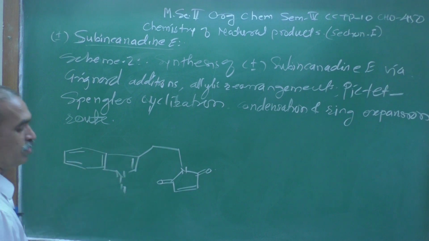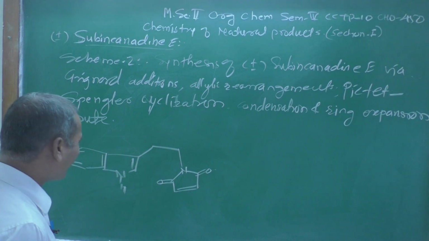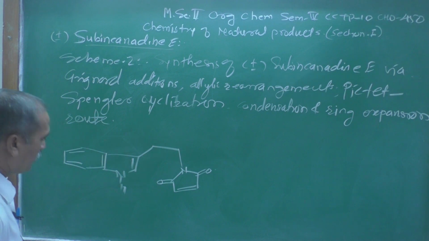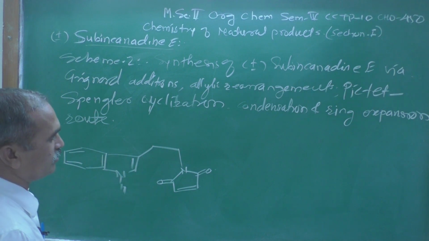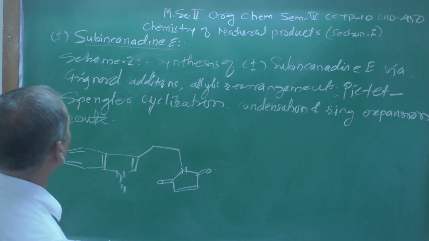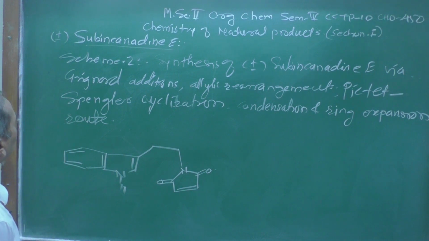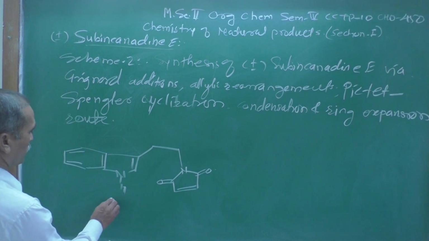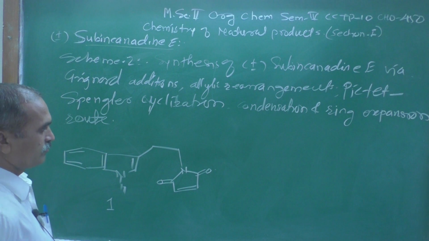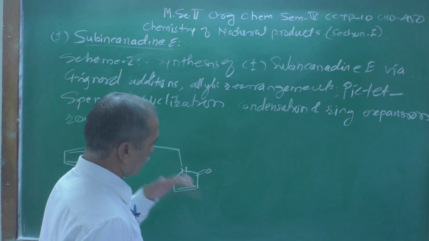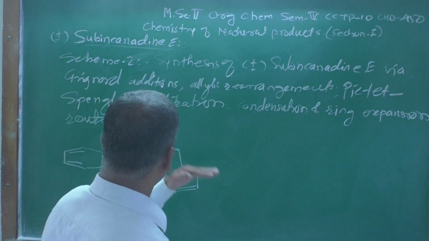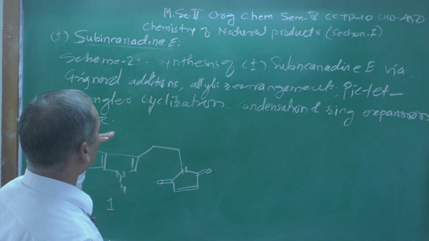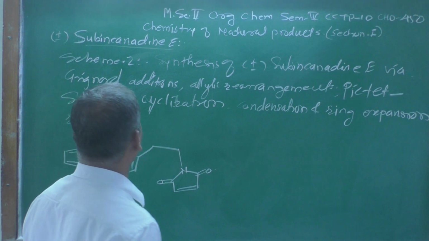These two molecular moieties are very essential and important for the synthesis of plus Sabine Canadian E. So this is structure number 1. Remember this whenever we are studying or learning the synthesis of Sabine Canadian E.